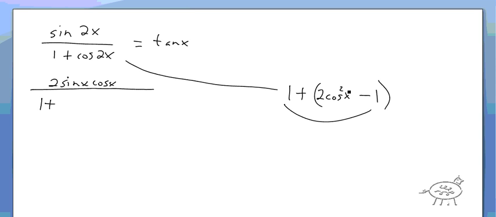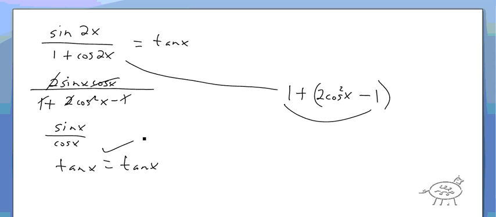That's the identity that I want to use. So it's 1 plus 2 cosine squared of x minus 1. Because now the 1's are going to cancel out. That's pretty sweet. And actually then the 2's cancel out, and the cosine cancels out on top. And I wind up with just sine of x over cosine of x, which is tangent of x.